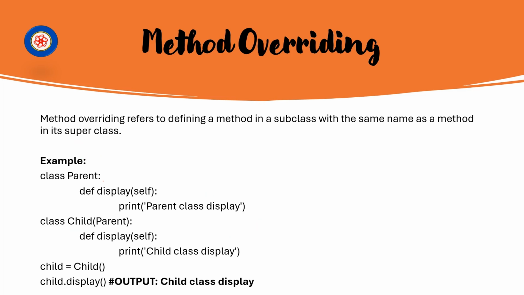Subclass Child inherits from the Parent class and overrides the display method to print child class display instead of parent class display. When you call this Child's display, the display method of the Child is executed, printing child class display as output. Now that we have covered method overriding, let's move on to method overloading.